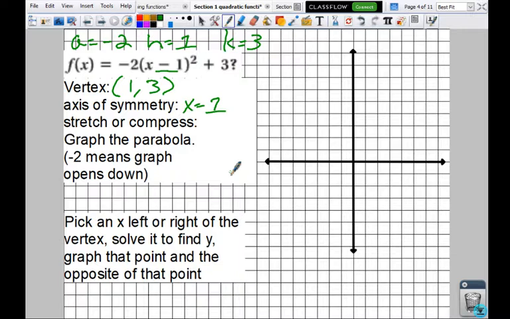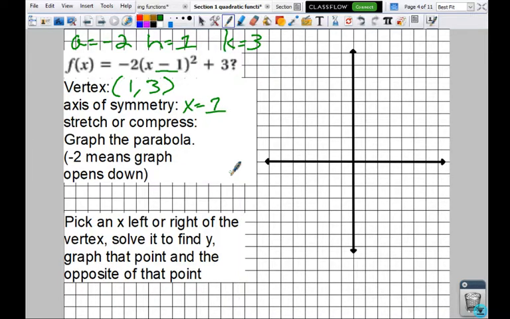On this one, am I going to have a vertical stretch or a vertical compress? We have a is -2. Look back on your notes about a.